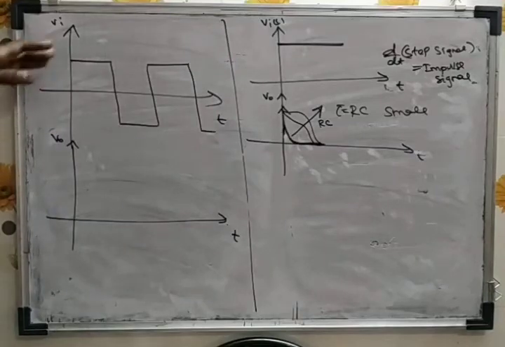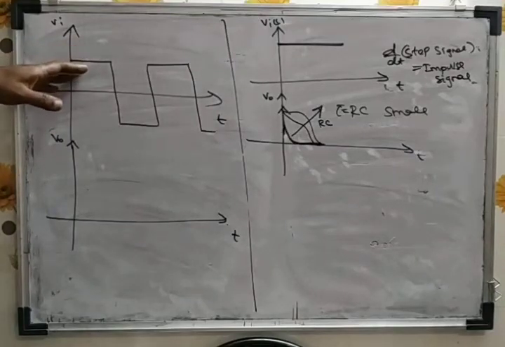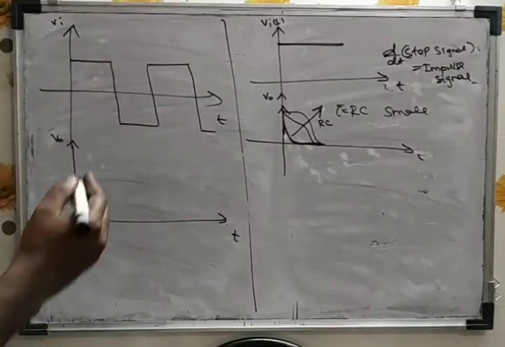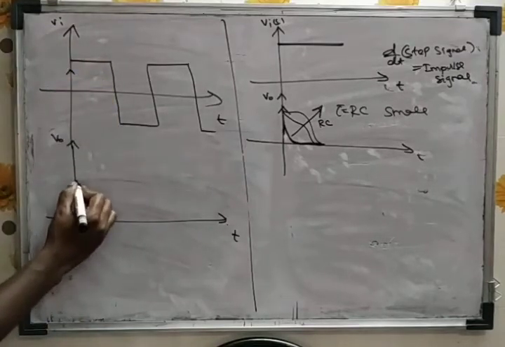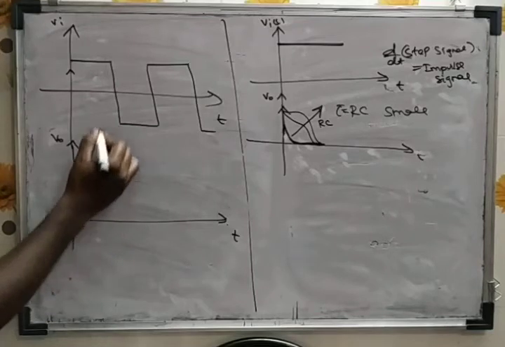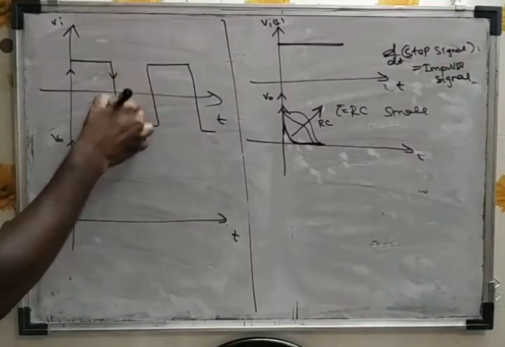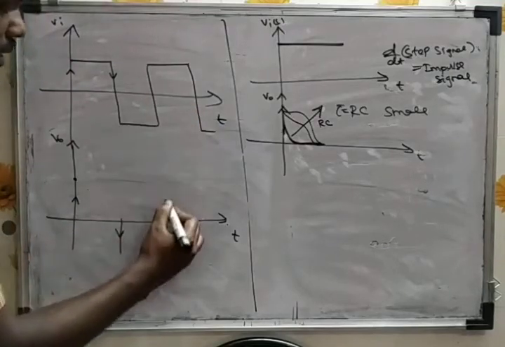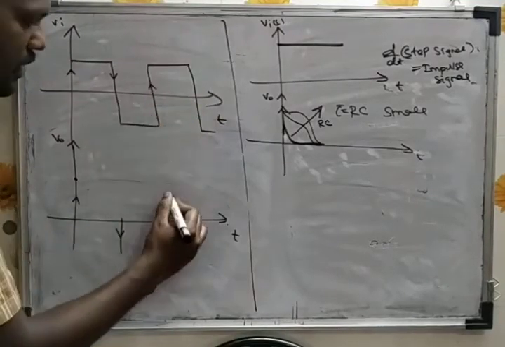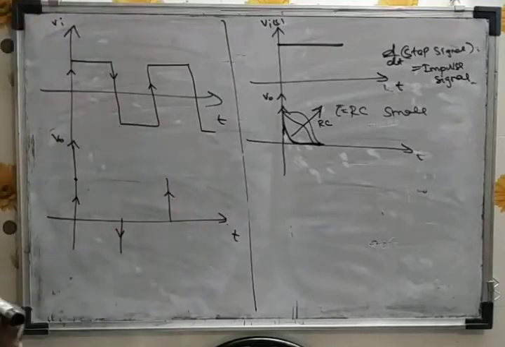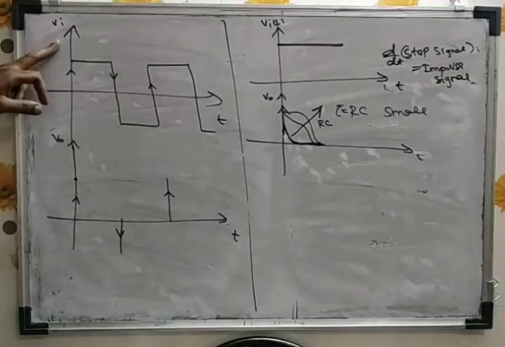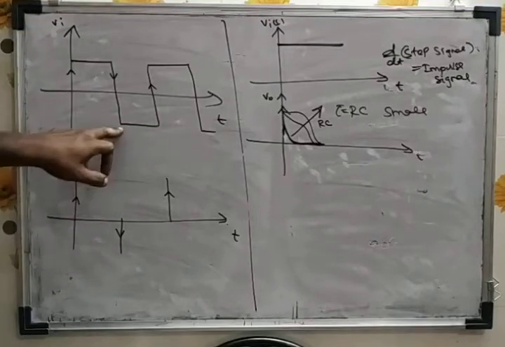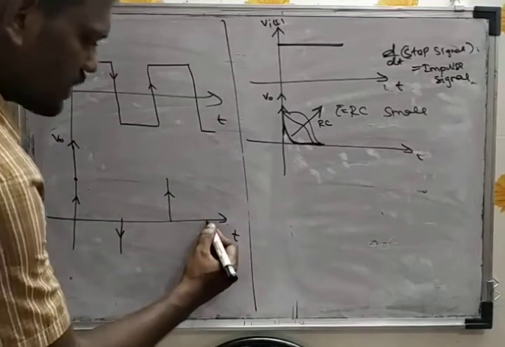Actually we are expecting that if you differentiate a square wave, you will get a train of impulses at the low to high transition or high to low transition only. So mathematically, if you differentiate this input signal, you will get a train of impulses.